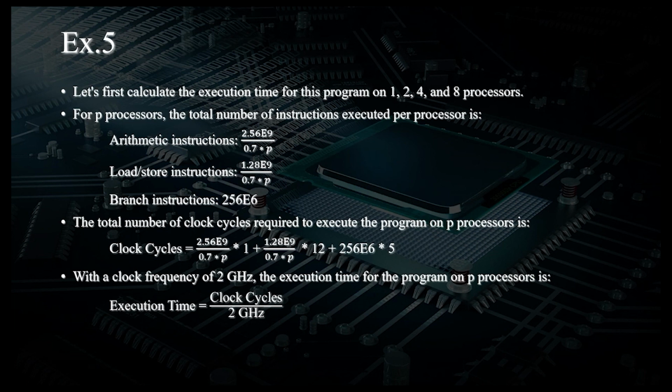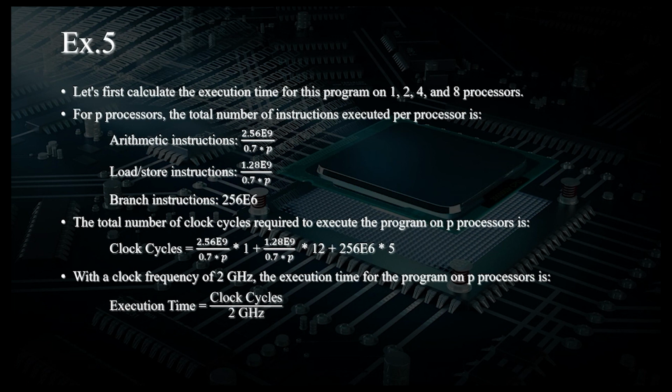Then we have the equation for the load store instructions, 1.28 to the power of 9 divided by 0.7 multiplied by P, and finally the branch instructions, about 2.56 to the power of 6. Then the total number of clock cycles required to execute the program on P processors is the sum of all three equations before.